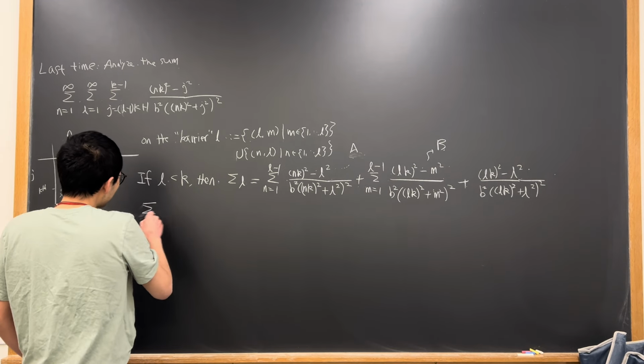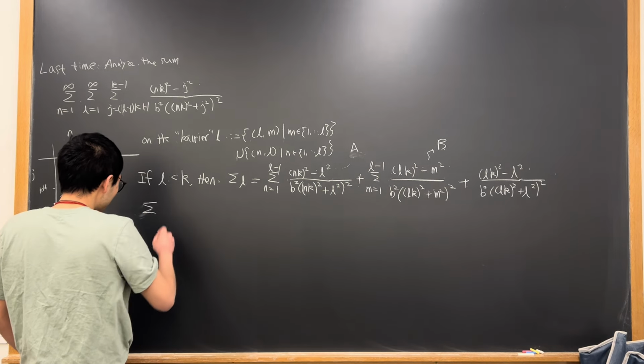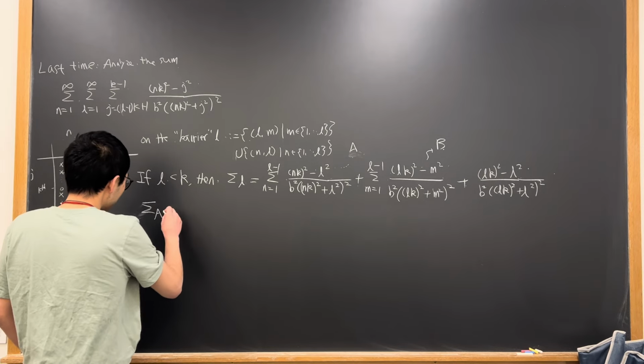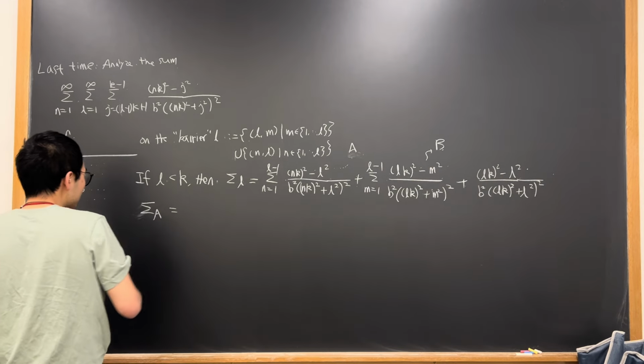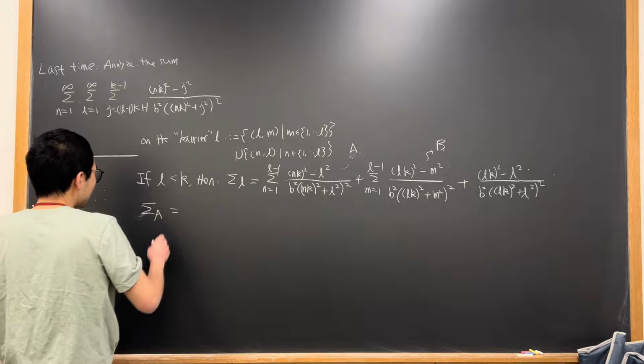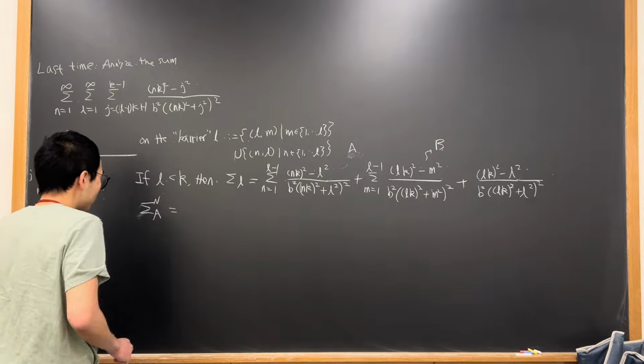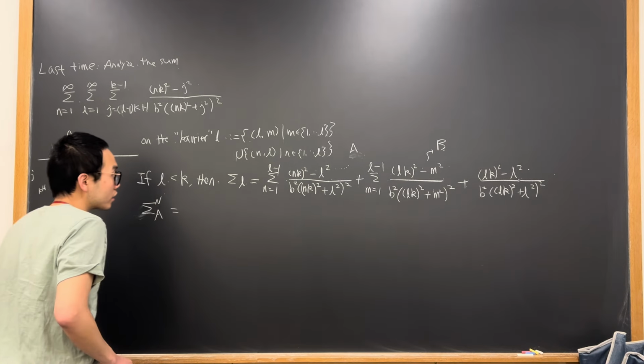I think I used this notation in the past, right? So let me just keep using this one. So here this sum is denoted as the numerator. So I'm using the letter n for the numerator.